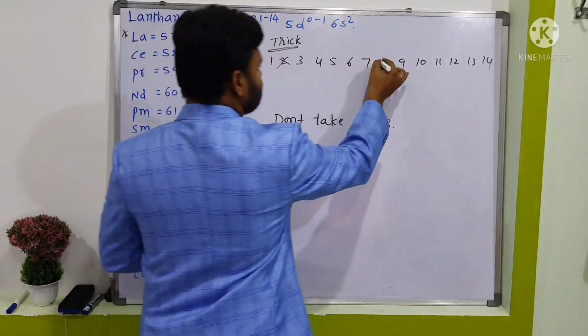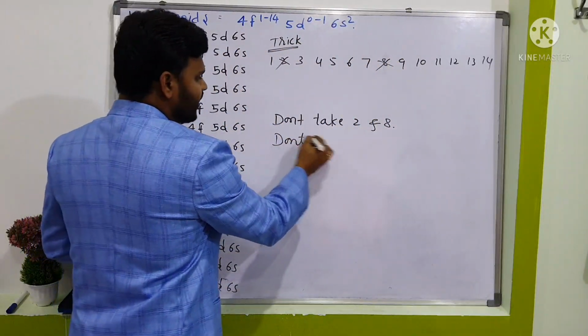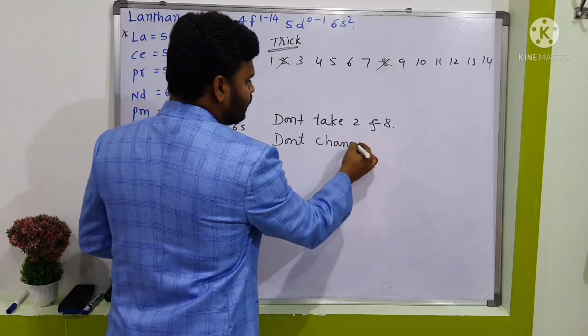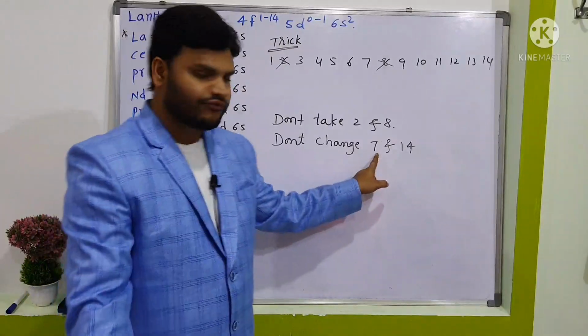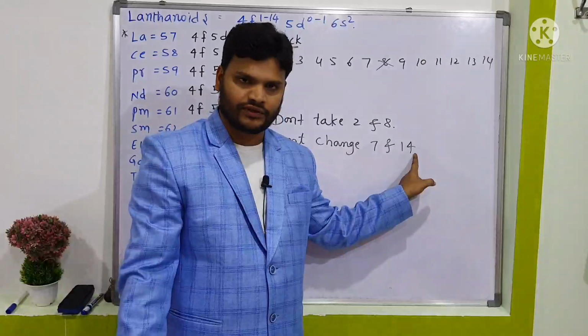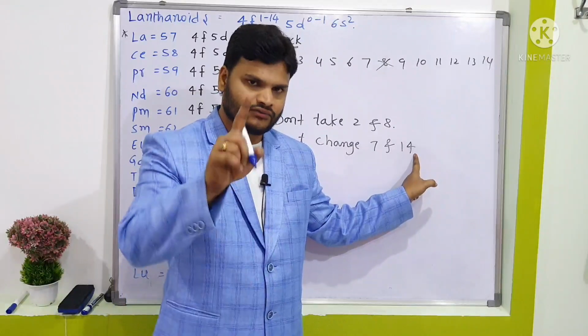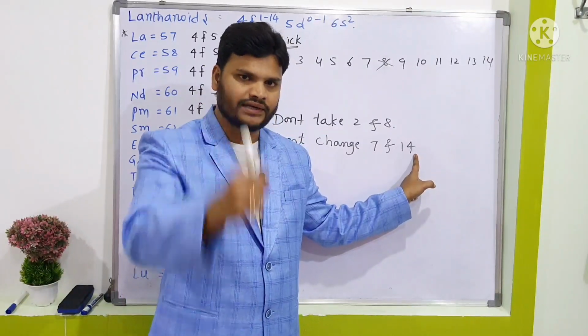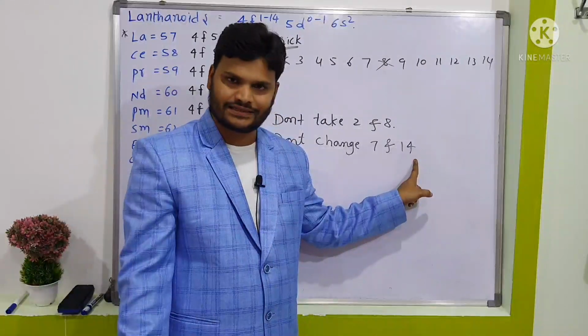So we have to cancel 2 and 8. Next, don't change 7 and 14. 7 means half filled, 14 means completely filled. The total f orbital capacity is 14 electrons, so 14 electrons means completely filled and 7 electrons means half filled. These two are stable. That's the reason don't change them.